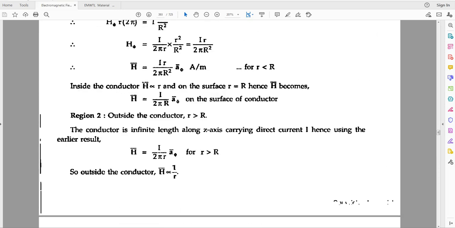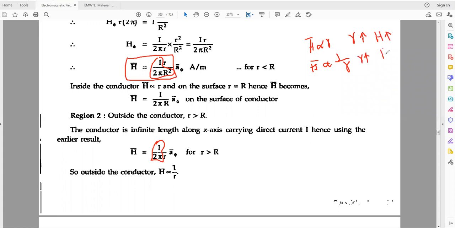See in this function, consider this a constant value, so H bar is proportional to r. When outside, H bar is I by 2 pi, a constant, and H bar is proportional to 1 by r. Means if r increases, H bar also increases. But here, if r increases, H bar decreases slowly.